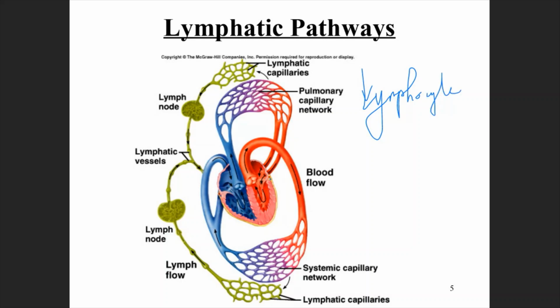So rather than saying, you know how blood travels in the arterial system and then in the venous system, okay? So blood travels in the cardiovascular system, but lymph flows in this lymphatic system.